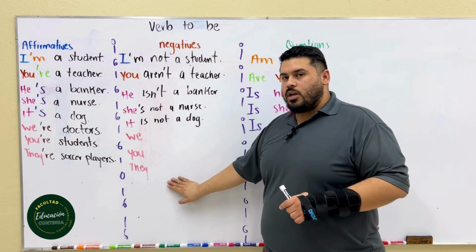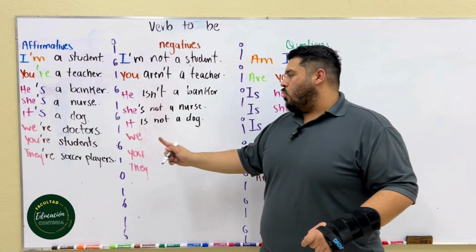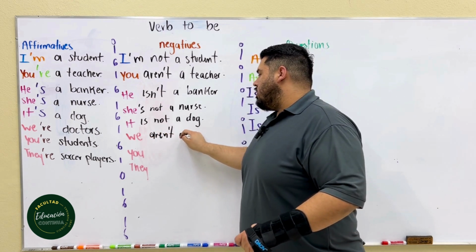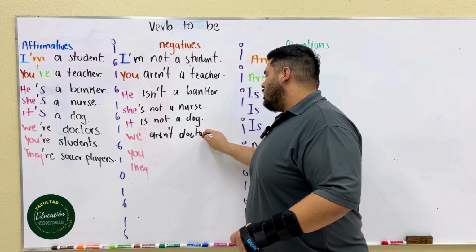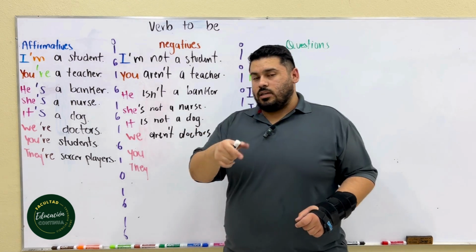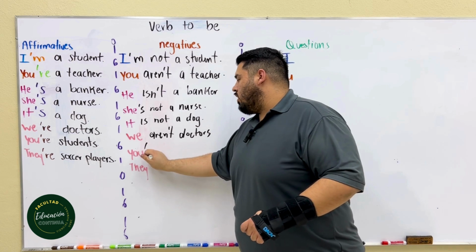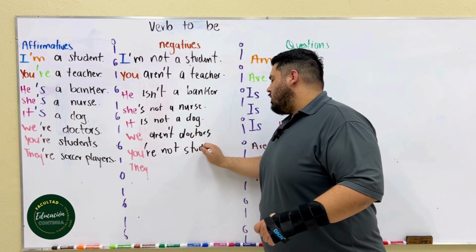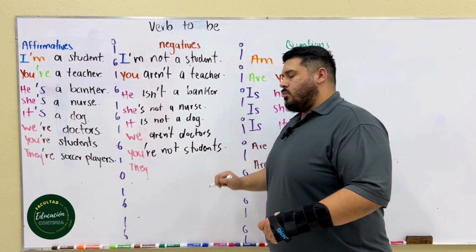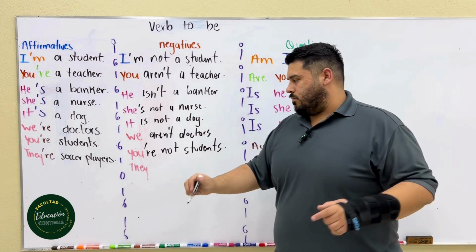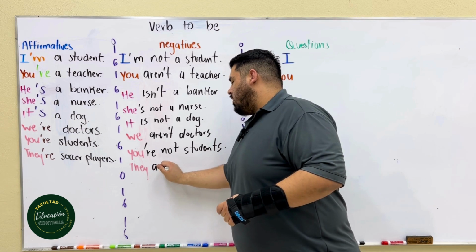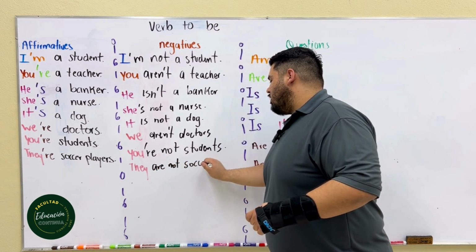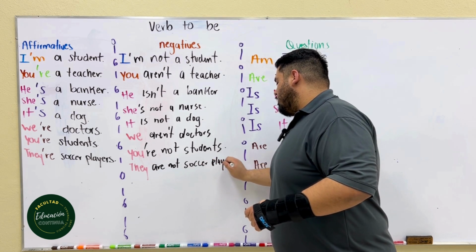Okay, I'm going to write it down here, the examples. So, we aren't doctors. Okay, that's one. The next one, you're not students, right? Or the full form, they are not soccer players.